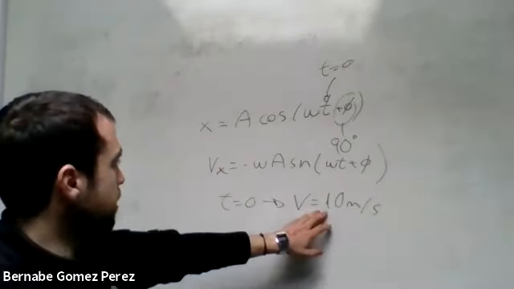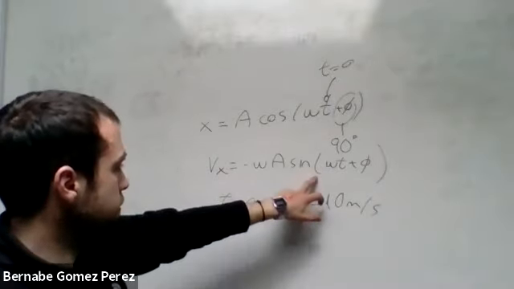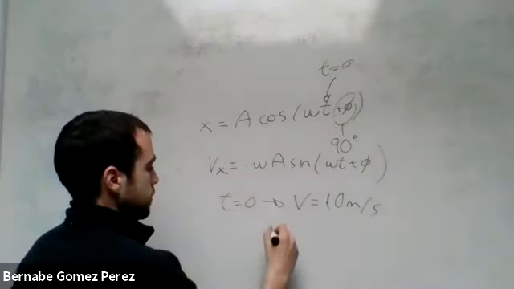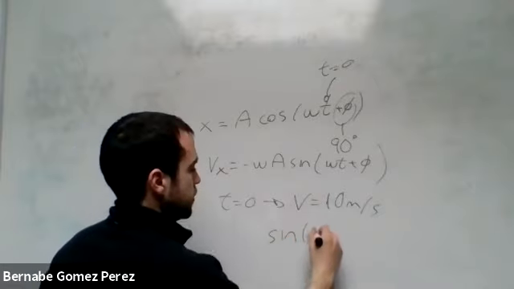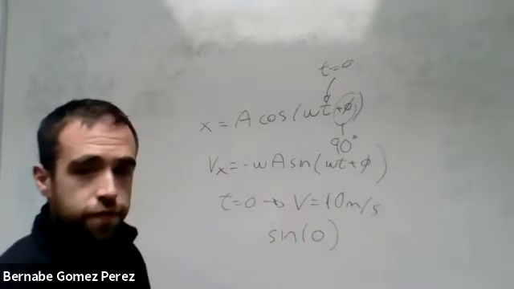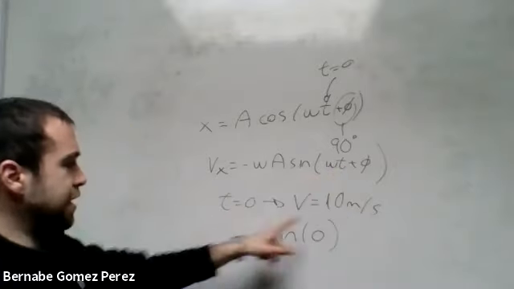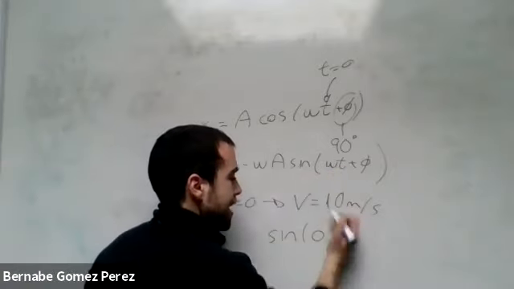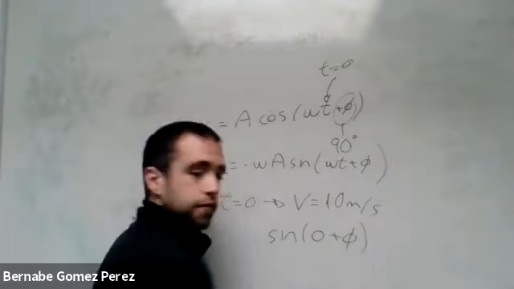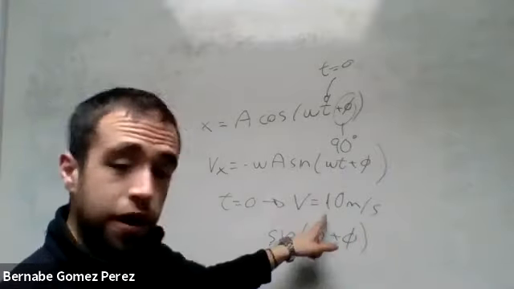So 10 meters per second, but at t0, sine of 0 is 0. Okay, Wt. This doesn't make sense. So I must have a phase. Okay, that's why I have initial speed.